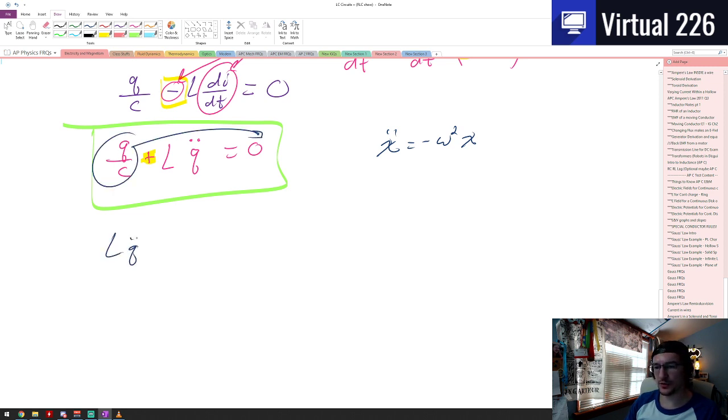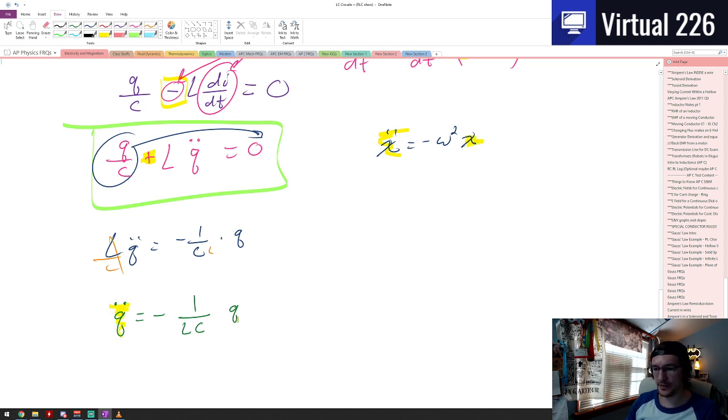So I get L Q double dot equals negative 1 over C times Q. And then if I divide each side by L, what we'll quickly find is that Q double dot, the second derivative with respect to time of the charge, equals negative 1 over LC times Q. And this is exactly what we want. We have our x double dot, it's Q double dot, because we're looking at charges.